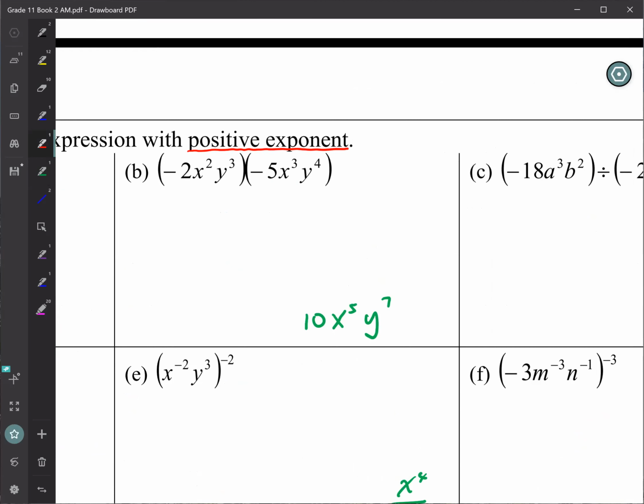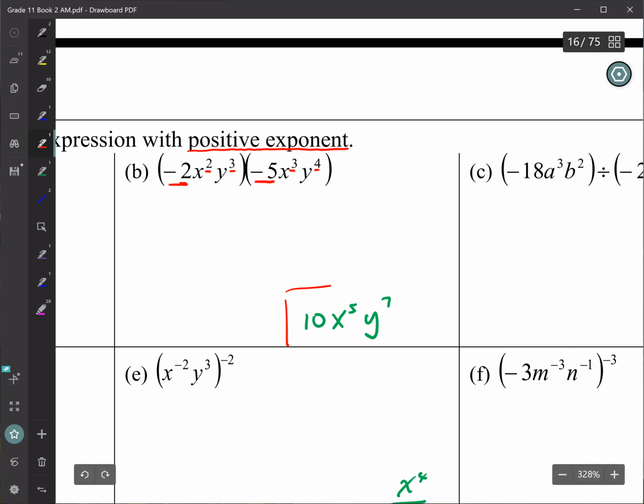So question B is very straightforward. You multiply the coefficients, which are -2 and -5, so that makes it 10, right? And then you add the exponents. 2 plus 3 gives you 5. 3 plus 4 gives you 7.